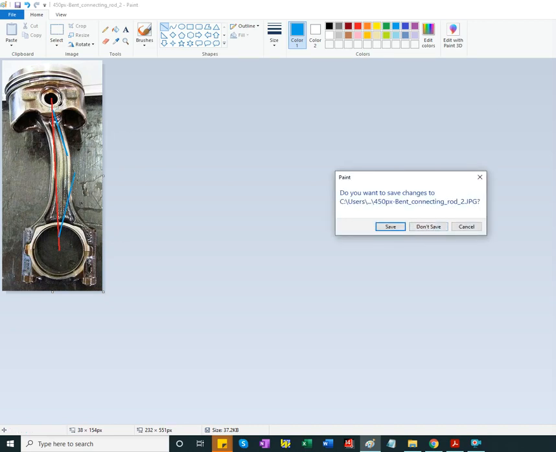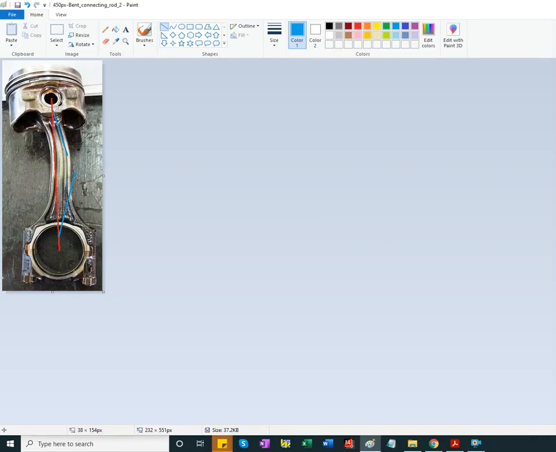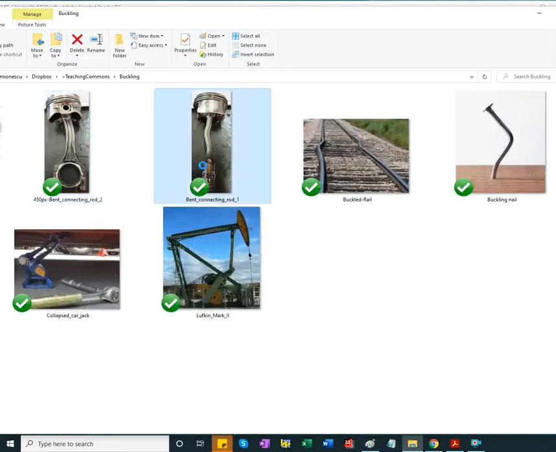Contrast this with the other one. So let me open the other one.